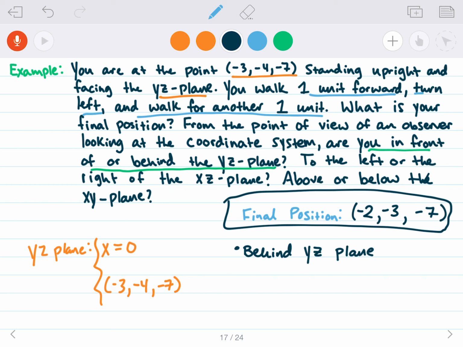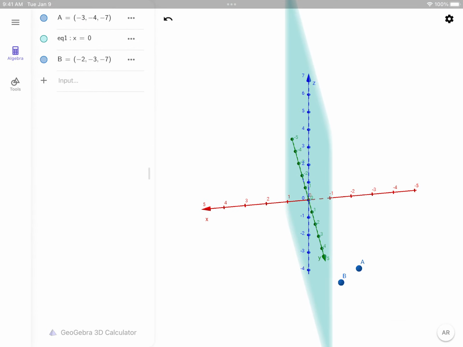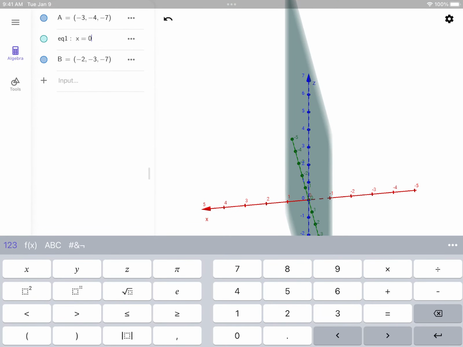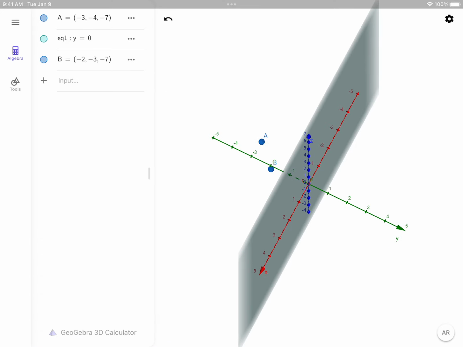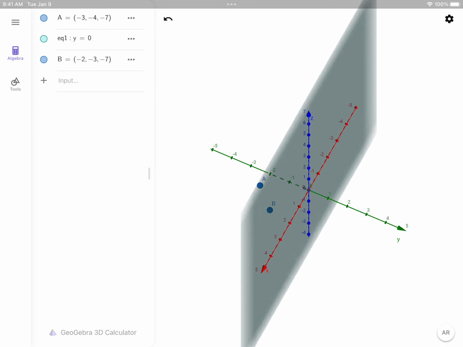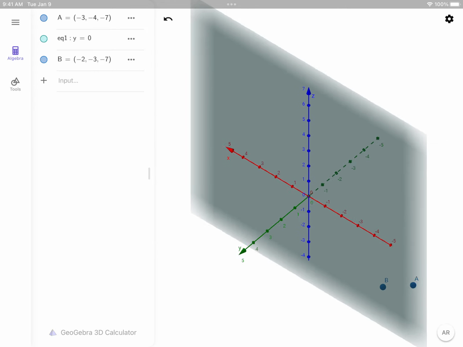All right. So then it says, is this point B to the left or to the right of the XZ plane? So remember, the XZ plane is just when Y equals 0. So I can change this just to see what my plane looks like. Y equals 0, and then I get my picture here. And then I'm just going to orient this in the standard way.